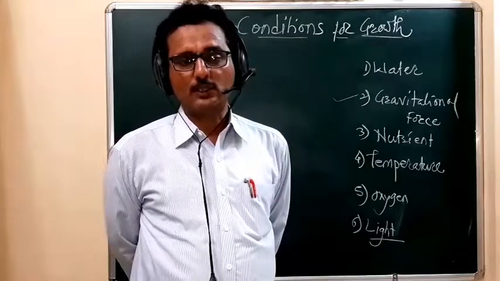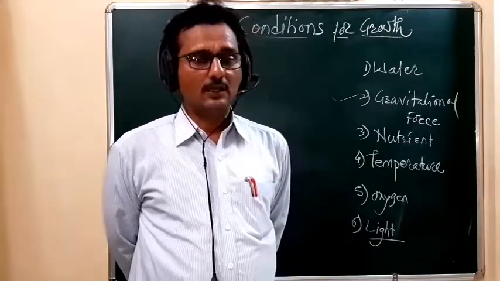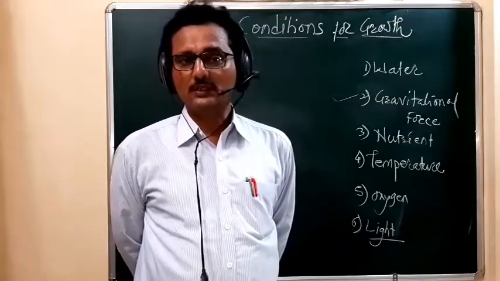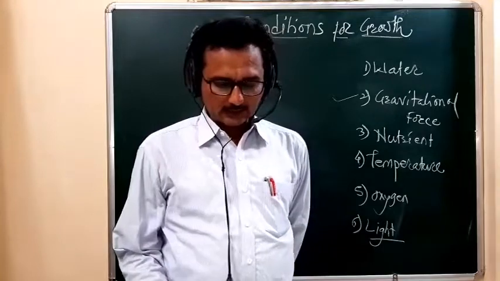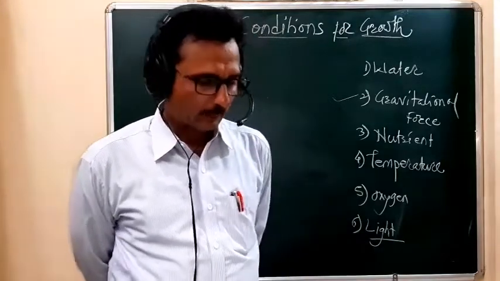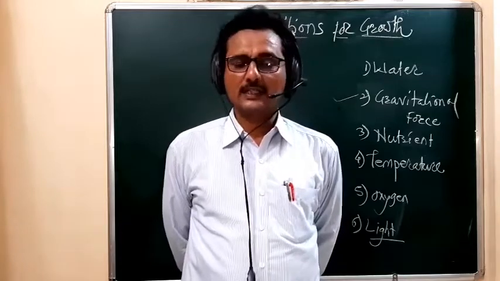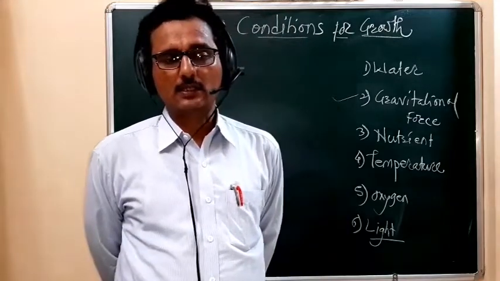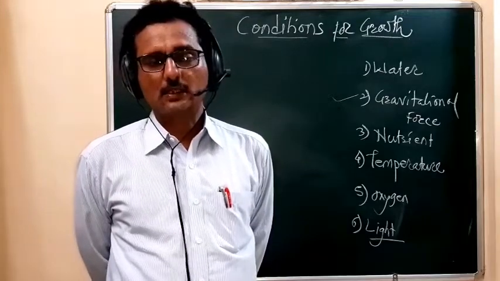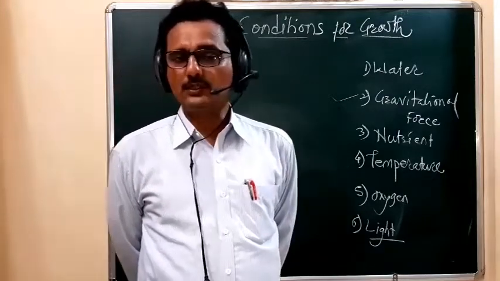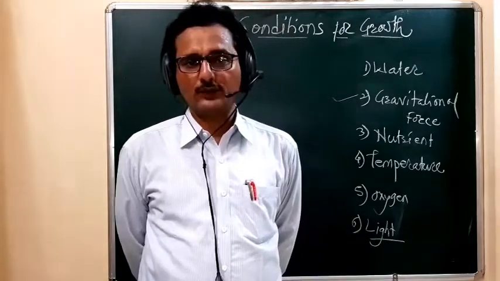In total, 10 macronutrients are required and 6 micronutrients are required, and these 16 nutrient elements are required for the normal growth of the plant.